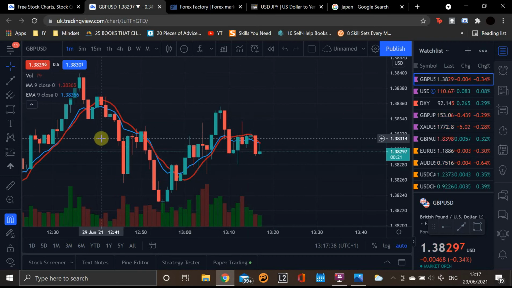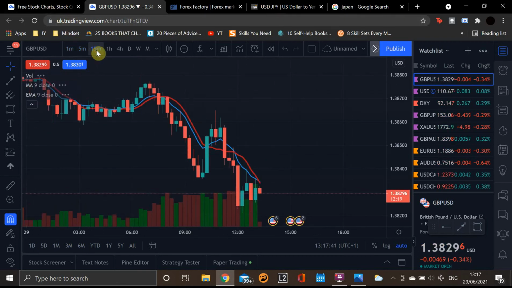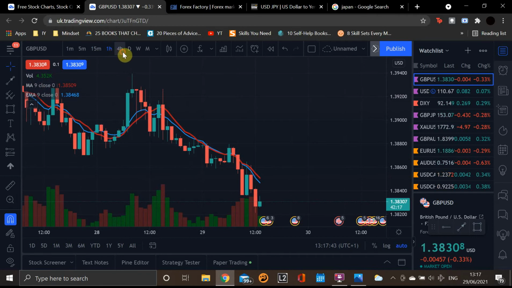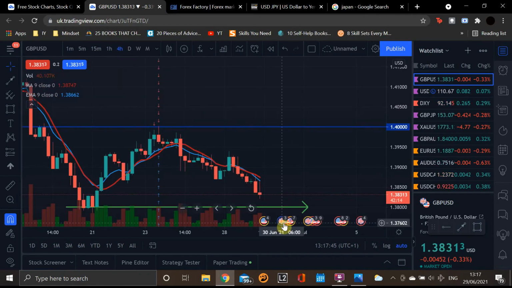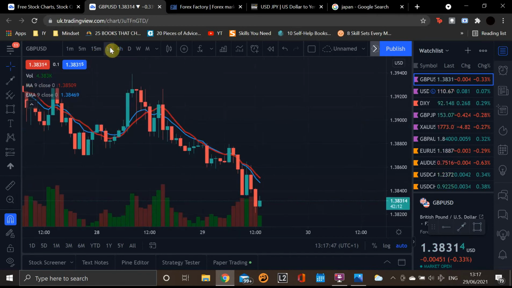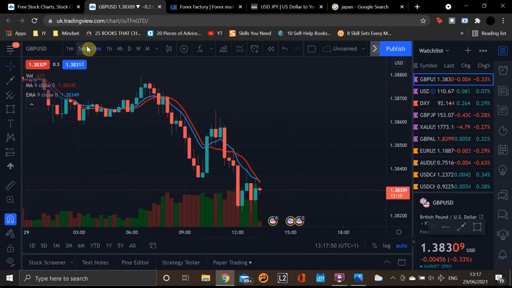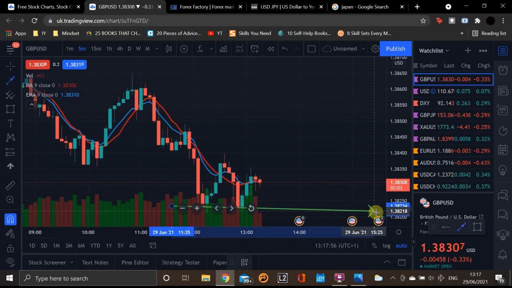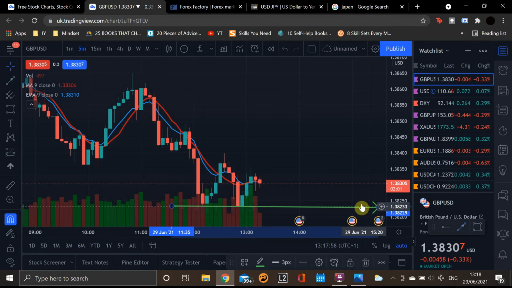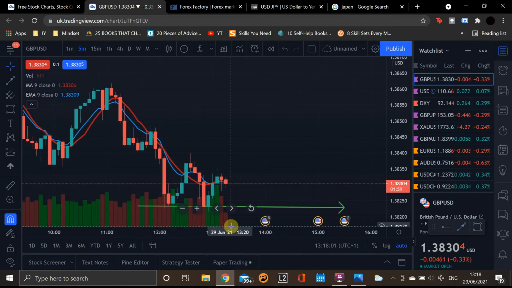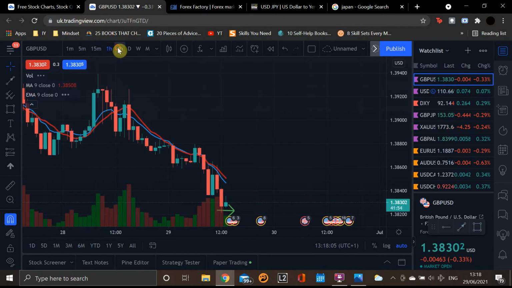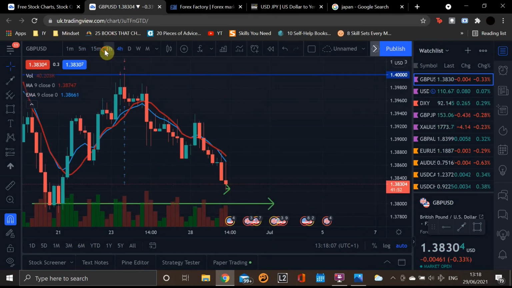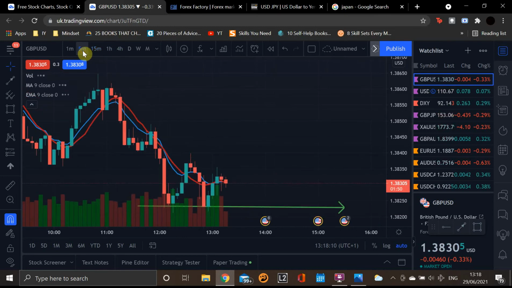GBP USD. See, I think it definitely wants to touch that trend line. Look, if it breaks past this, then I'll make a sell to the downside because it has to touch this level then. So it breaks past that.